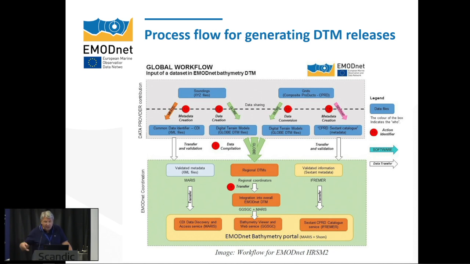But it's not static. We are all the time maintaining it, because we work with regional coordinators. We have divided Europe into different regions, and we have a coordinator per region, who has a network of providers. They get a new harvest of the latest data, and then they have to improve the previous version, because that's how you work.